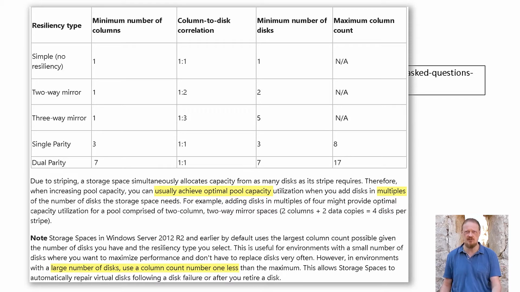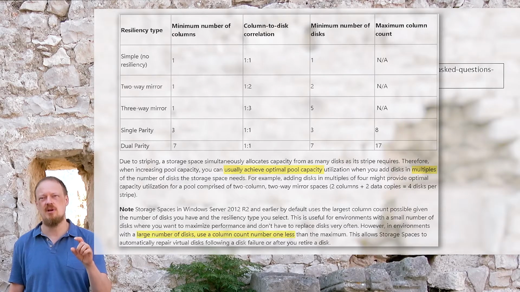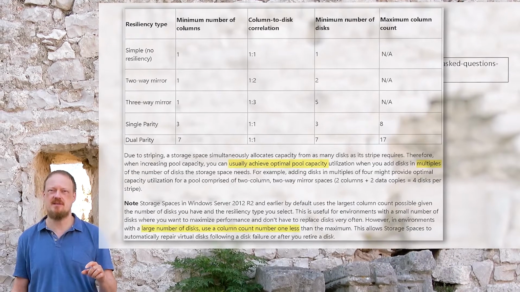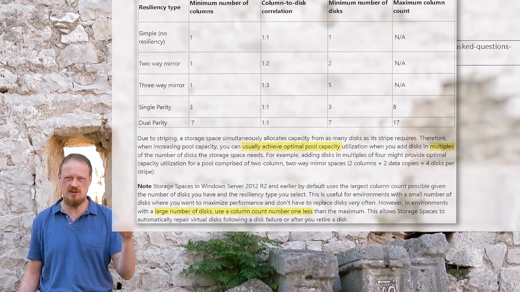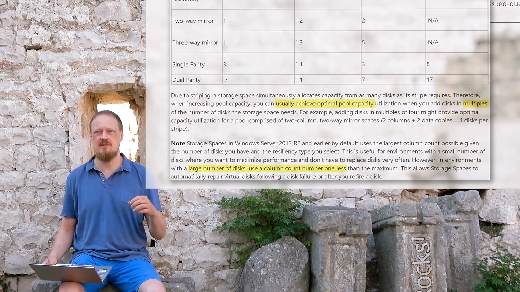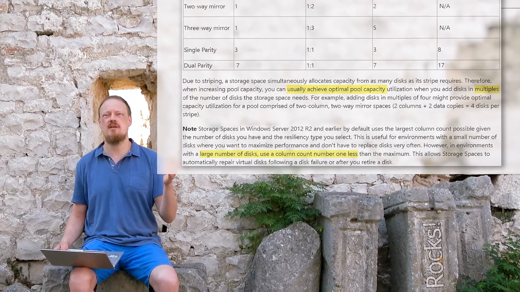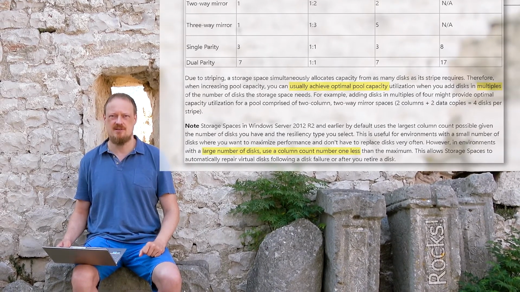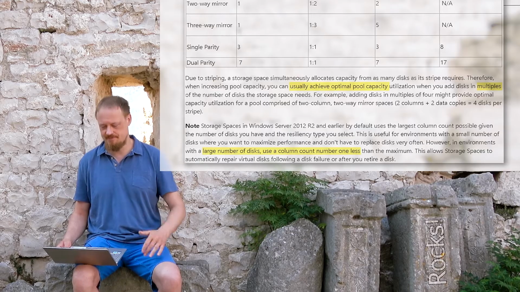If you will read 2 disks in parallel, that means you will get speed of 2 disks, which is double. But for mirroring, mirroring is the only one with a ratio of 1 column to multiple disks. That means in mirroring, 1 column means writing to 2 disks or 3 disks, depending, do you have two-way mirroring or three-way mirroring. So that is the only where ratio is not 1-to-1 between disks and columns.